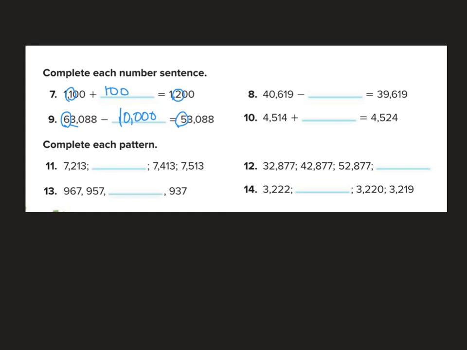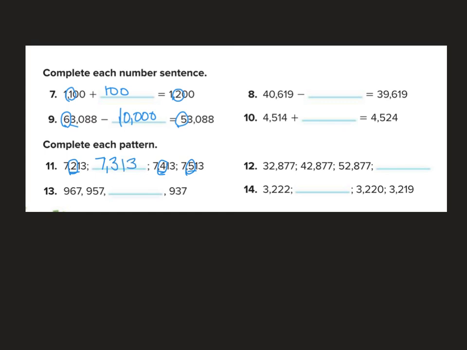Okay. Complete each pattern. 7,213, blank, 7,413, 7,500. I'm noticing the only digit that's changing is in the hundreds place. So therefore I know my missing number is 7,313. Well, I went from 2 to 4 to 5.